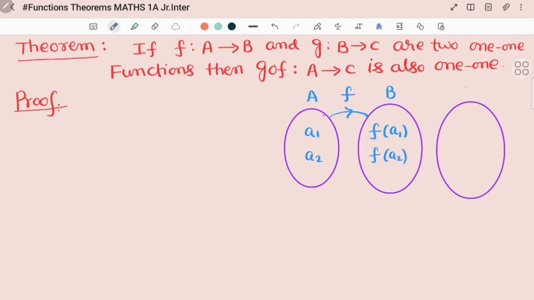I hope everyone understands. Next, g is defined from B to C. So the elements in set C will be in the form of g of f of a1, similarly g of f of a2.